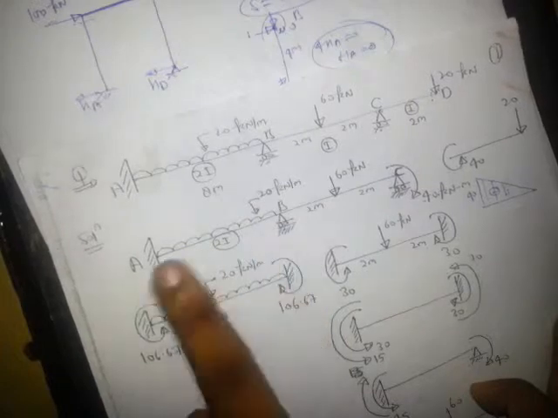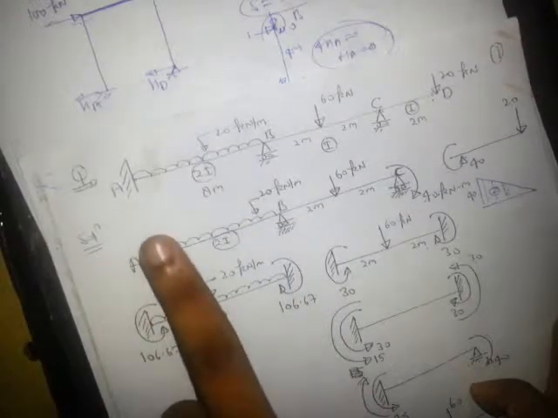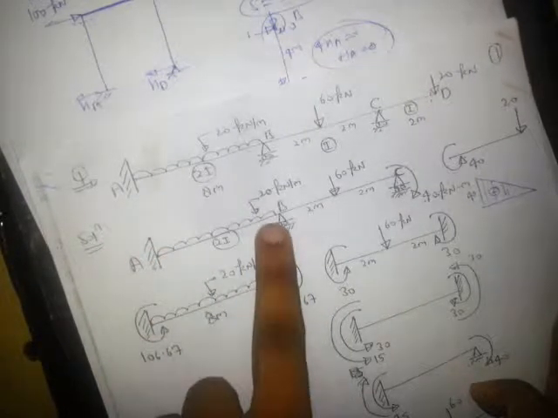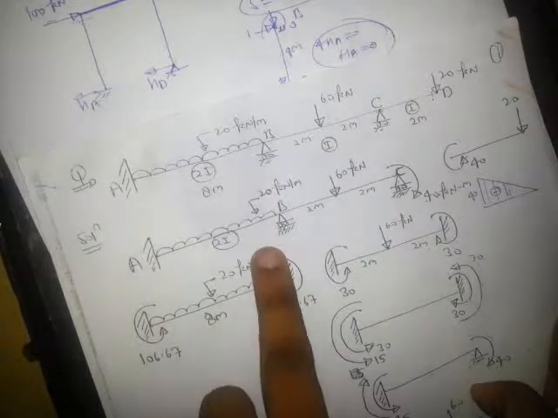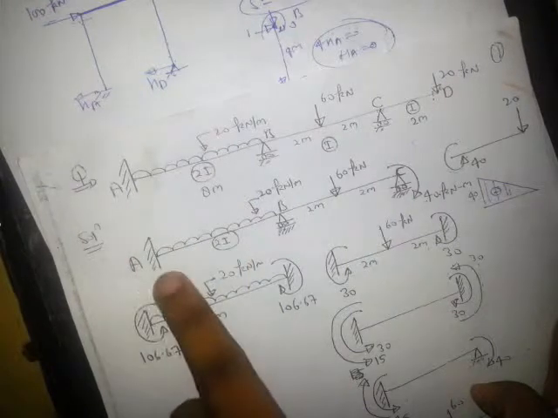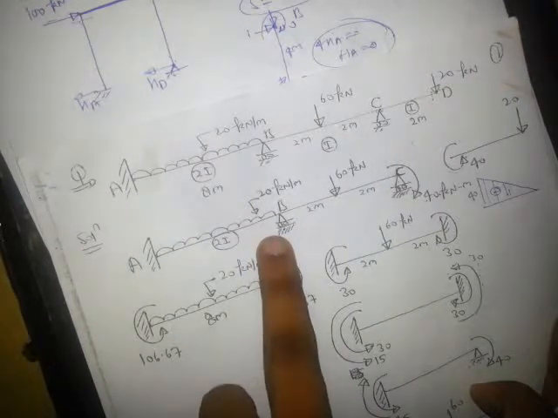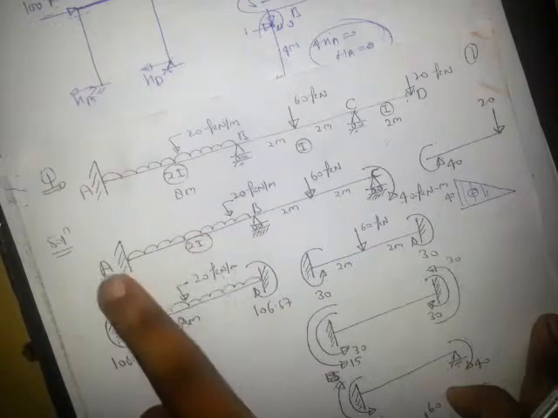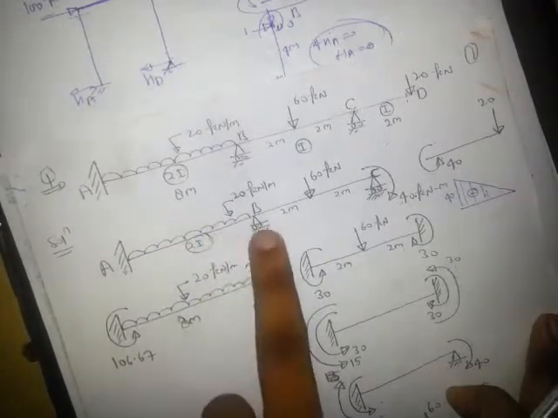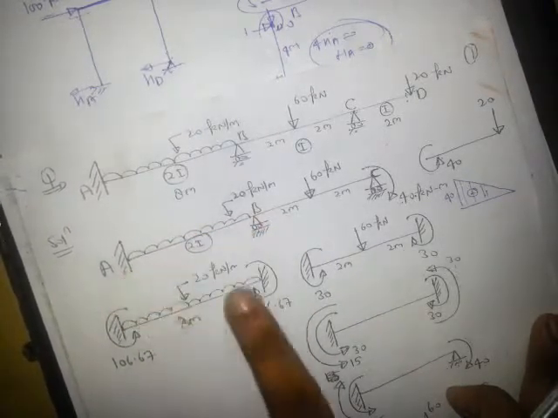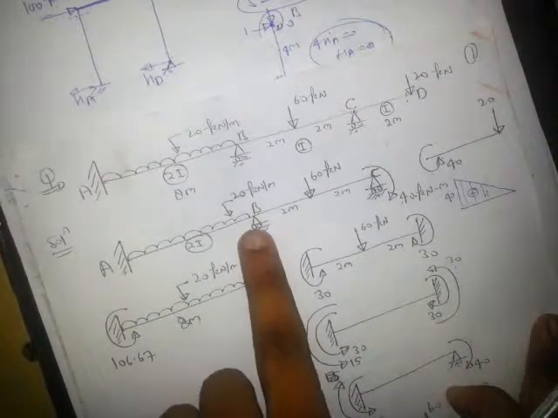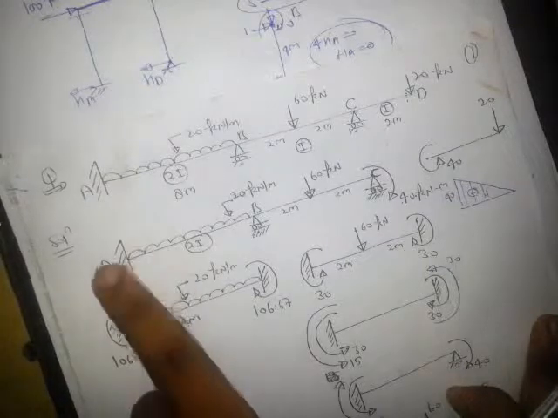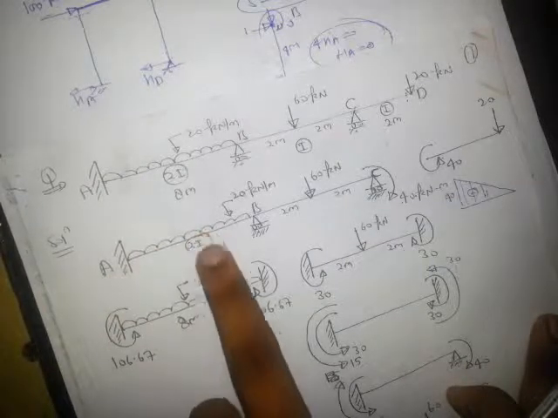MAB equal to M bar AB plus 2EI divided by L, 2 theta A plus theta B. Okay, this is the MAB, right? But theta A is 0, so the only unknown is theta B. Now I will write MBA. Far end is again fixed, so MBA will be M bar BA, meaning this is clock, plus 2EI divided by L, 2 theta B plus theta A. This will be 0, right? And delta is again 0.